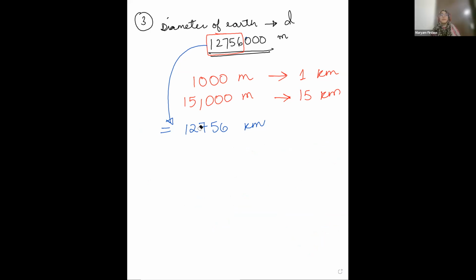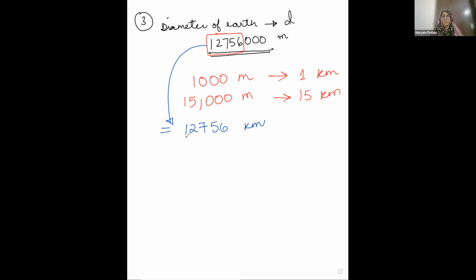Okay, Hiba. So we have converted this into kilometers for our convenience, because there were too many zeros and they were distracting us. Till here it's clear. Yes. The next thing is they're asking what is the diameter of the new planet.